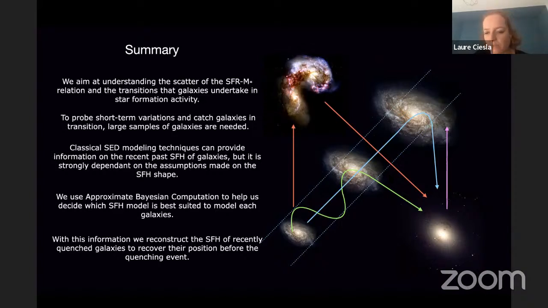This is just a step forward, and we have more work ongoing, especially trying to add a non-parametric star formation history, which I think will be a big step for this work. And that's it.